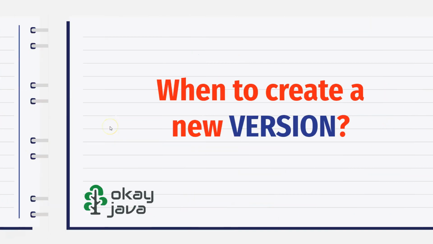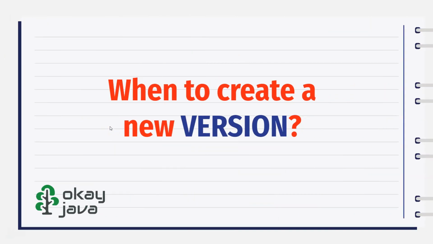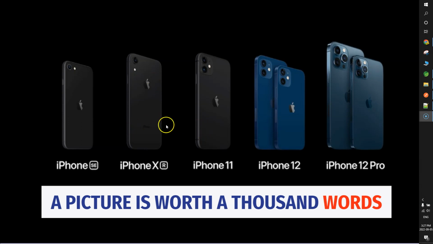Alright guys. Now the very first question is, when should we create a new version? Now if you look at this image, what do we have? We have got iPhone SE, then iPhone X, then iPhone 11, then iPhone 12. We do have iPhone 13 at the moment, and we are going to have iPhone 14 next month. Right guys.